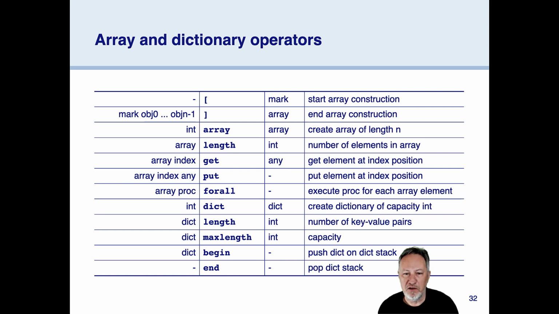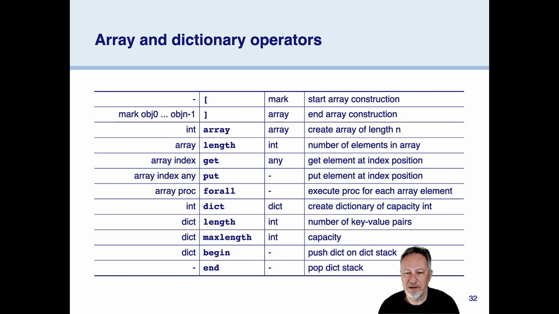You can create an array of a certain length, ask what the length of the array is, get any value at any position in that array, put values in that array, iterate over the array with forall. We've already seen that. And now we have dictionaries. So a dictionary is a set of key value pairs.